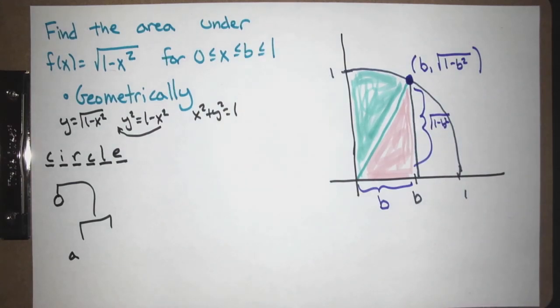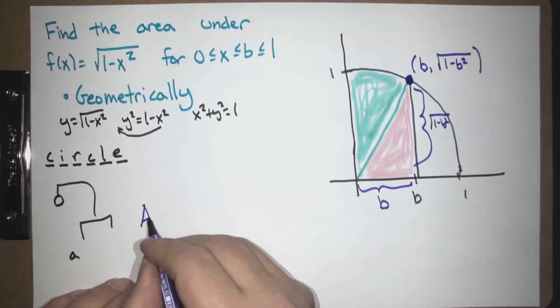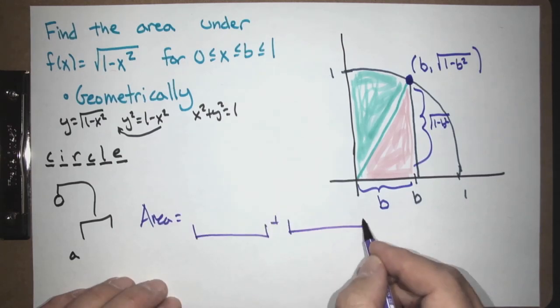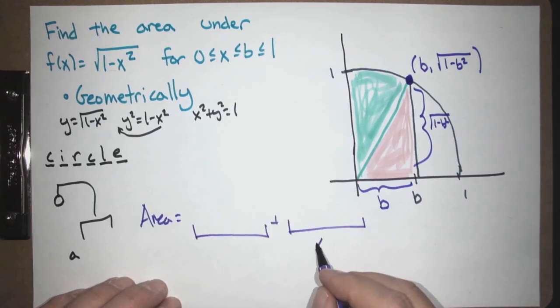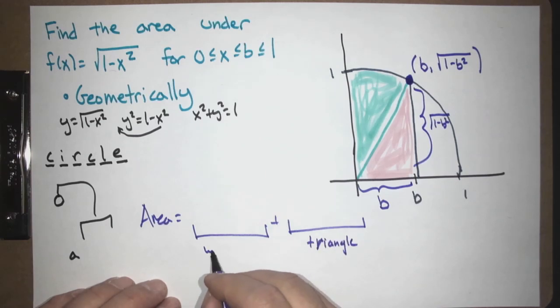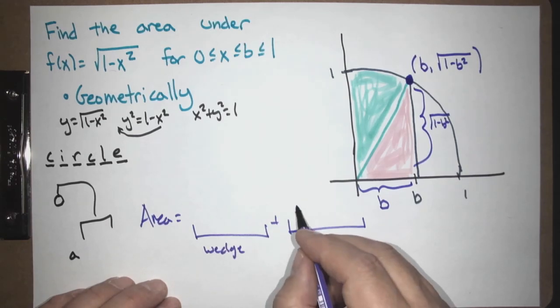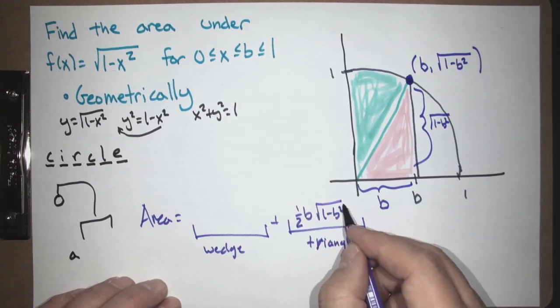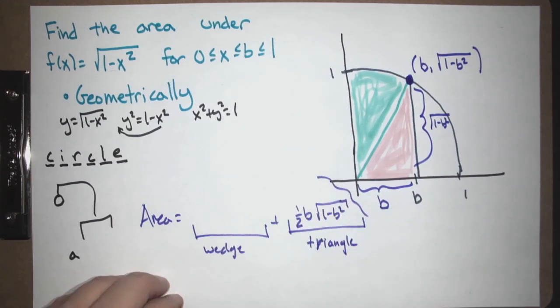So this is our triangle, and its area is 1/2 b square root 1 minus b squared. Well, that wasn't so bad.